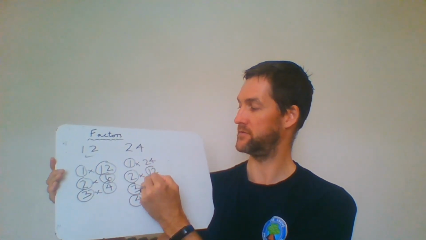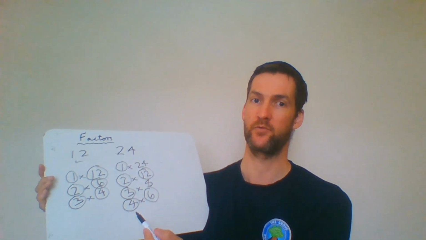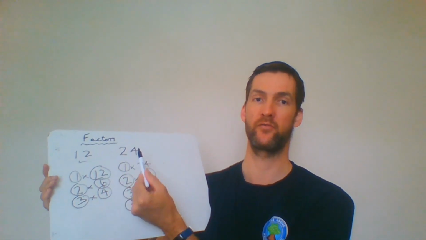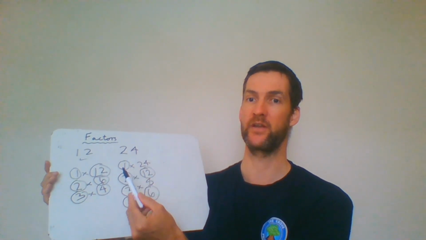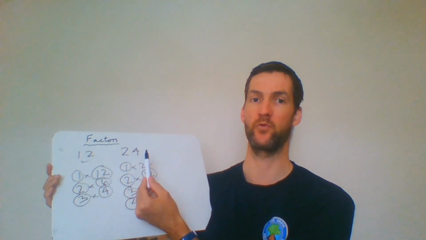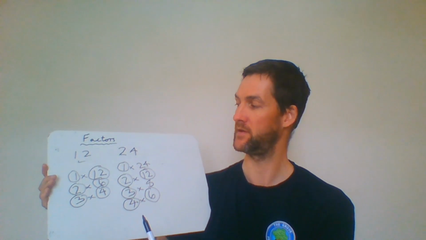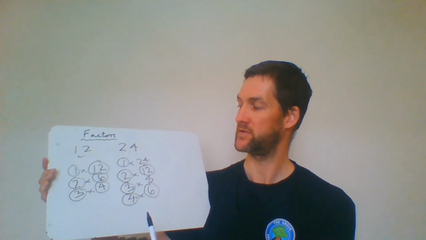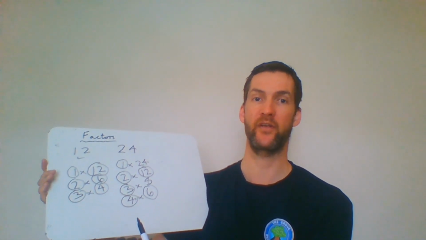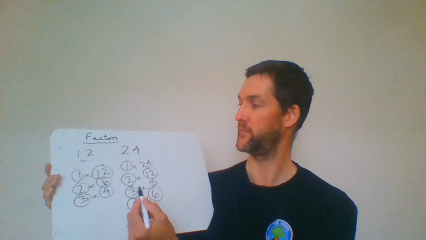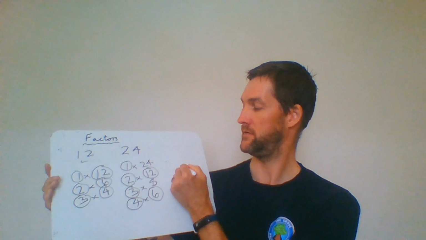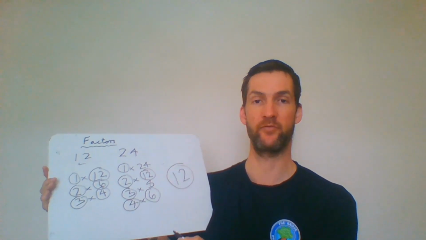And we've got 12. So all the factors of 12 are factors of 24. And we know that because 24 is a multiple of 12. So the question may ask, what is the highest common factor of 12 and 24? It would be 12.